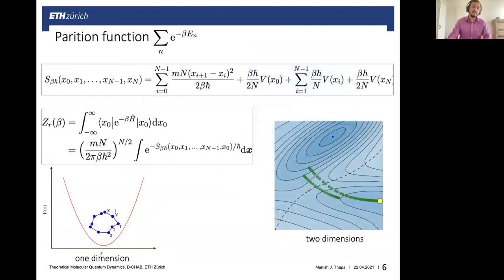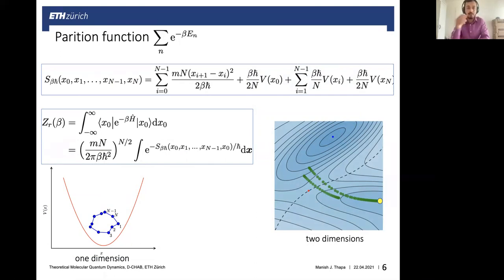With imaginary time path integrals, one can obtain a number of equilibrium averages, right? The partition function is one of them. It's easy to obtain equilibrium averages such as the partition function. The partition function is, of course, defined as a sum over all the microstates, as you can see here. Here, beta is the inverse temperature, defined as 1 over kBT.